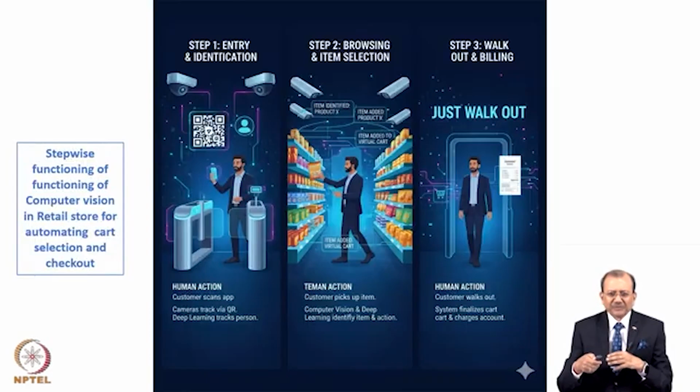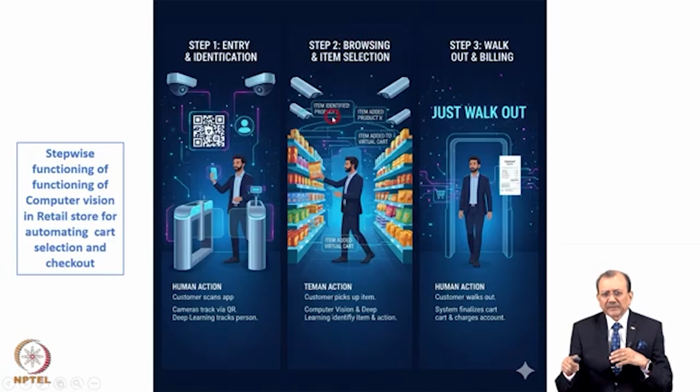This visual also shows the stepwise function of a computer vision system in a retail store. You can see there is a computer vision camera watching this person who is entering the store, and the customer scans his QR code, and the cameras track via the QR code. A deep learning system tracks who this person is, and now he is going to select an item in the store. Not one item, two items, three items.